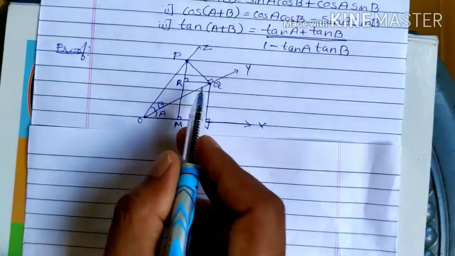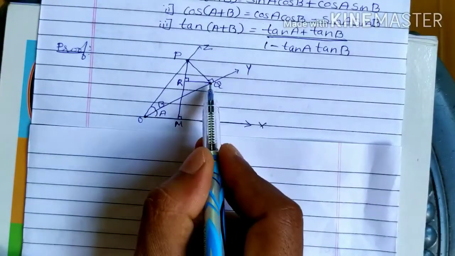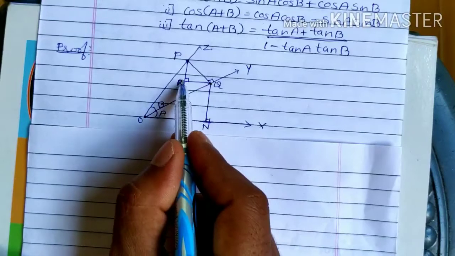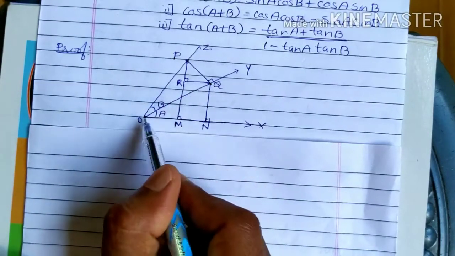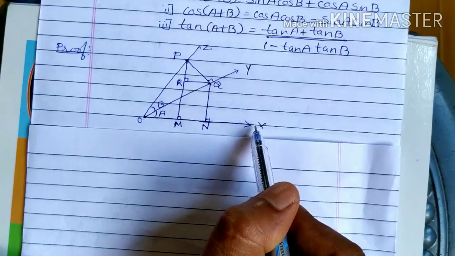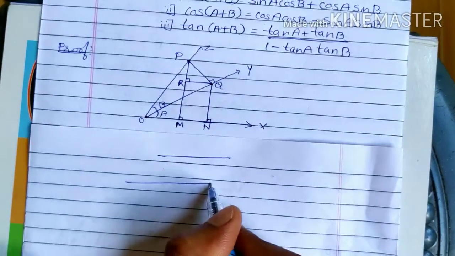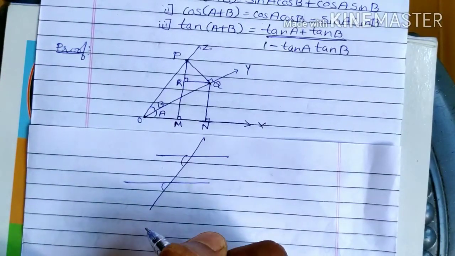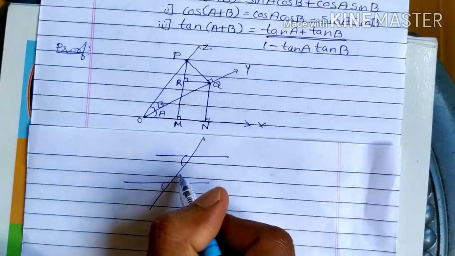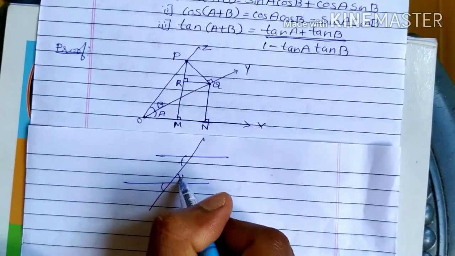Now in this figure, we have made the construction PM perpendicular and QN perpendicular to OX, and RQ perpendicular to PR. Therefore RQ is parallel to OX. Whenever you consider two lines parallel, then these two angles will be equal, alternate angles we say.